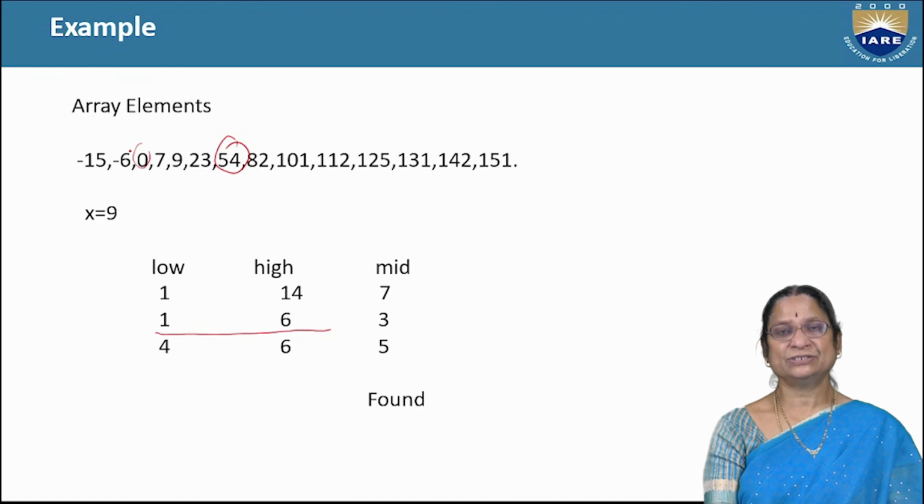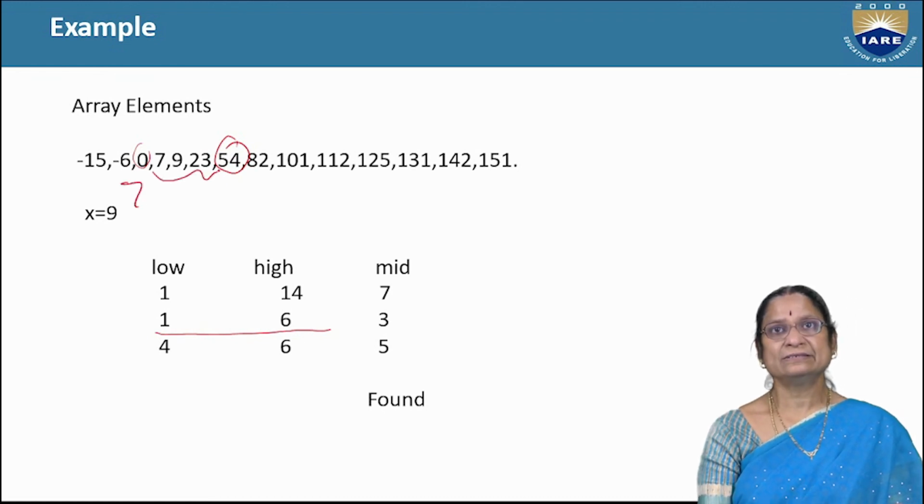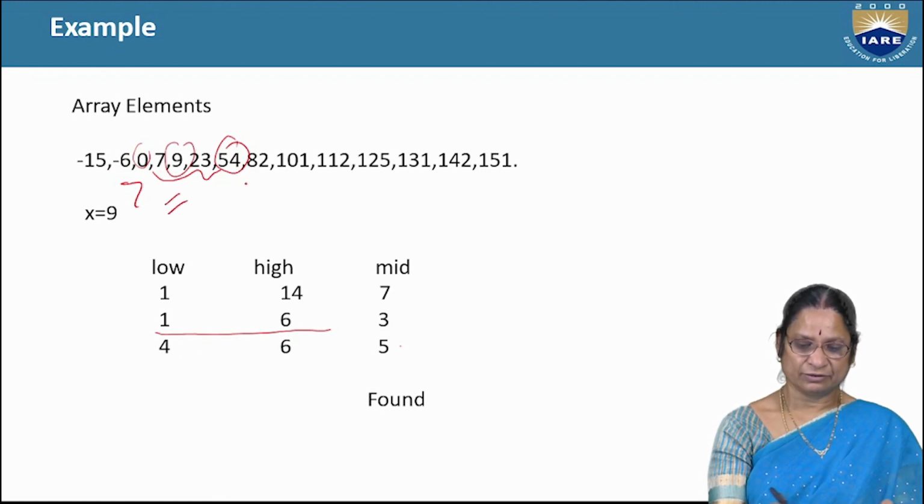But while comparing with 0, it is greater than. So second half means our low changes, high remains the same. 6 will be the high. Low will be mid plus 1, 4. From 4 to 6, the middle element is 5. Fifth element is equal. So found.